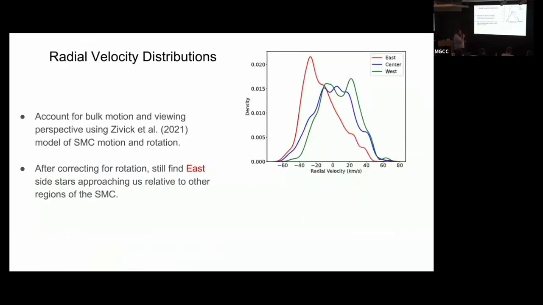And it does. We have our RVs from APOGEE. We apply a model from Cicone to account for bulk motion and rotation, and we find that the eastern side of the SMC seems to be approaching us, approaching the LMC, whereas the center and the west are moving in a more similar way.